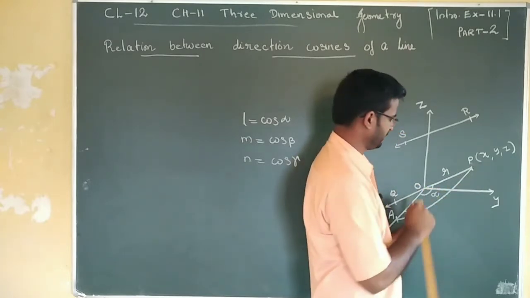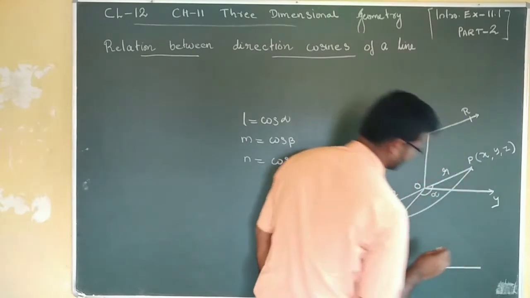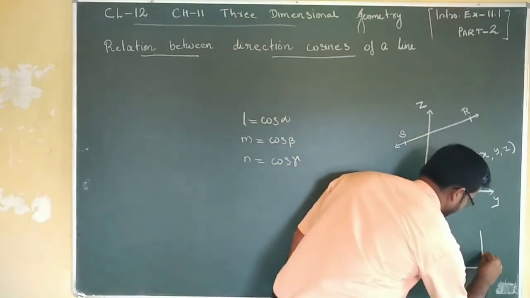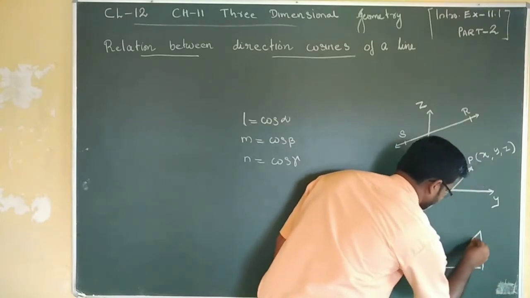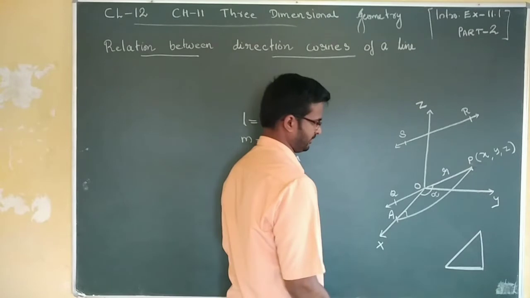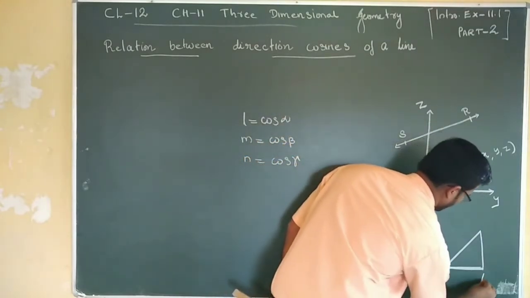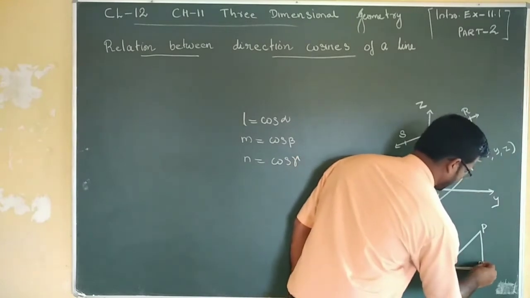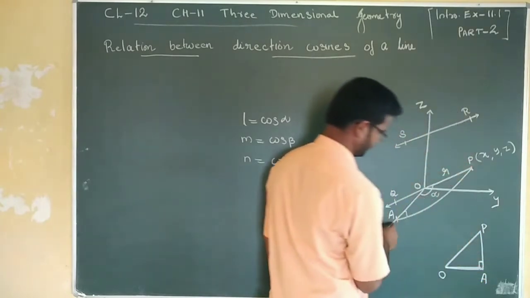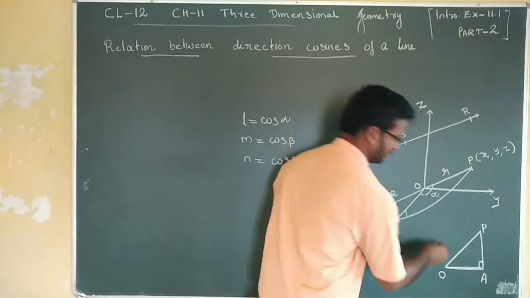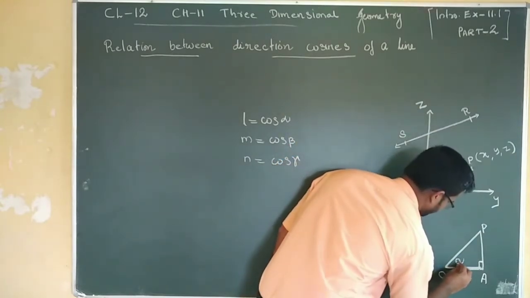Now just draw another figure for understanding: one right angle triangle O, A, P. Here angle A is 90 degrees. Then what is angle O? That is alpha.